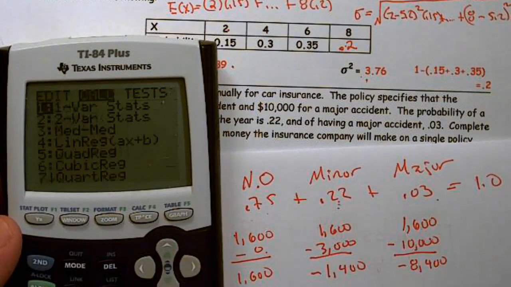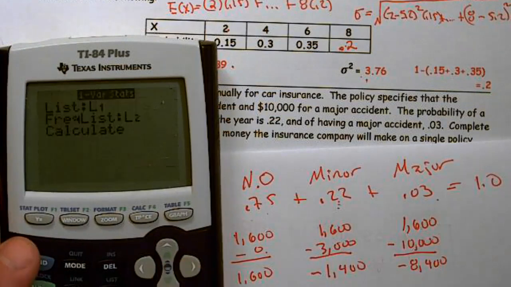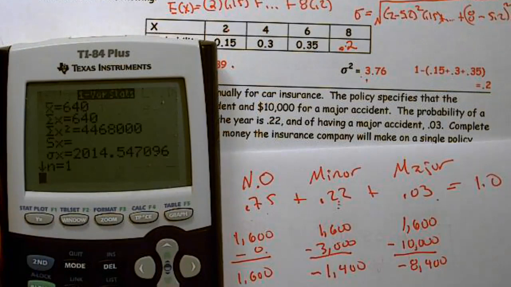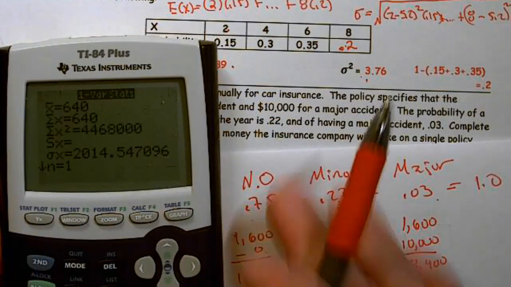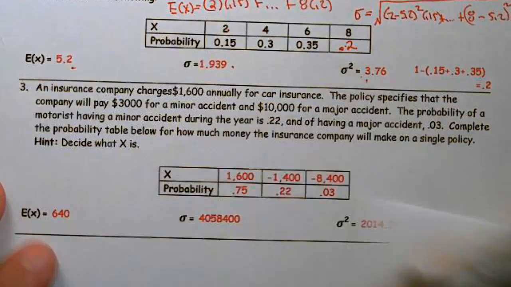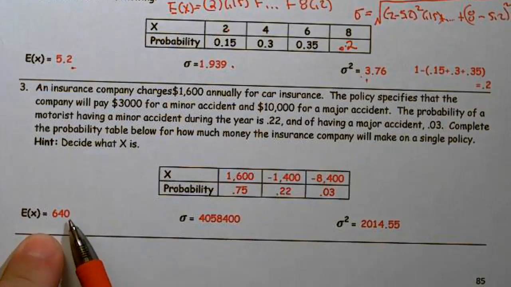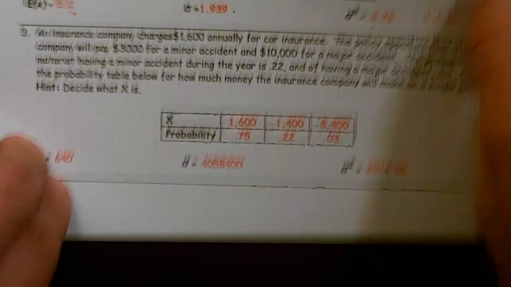Stat calc, one variable statistics. So on average, we expect the insurance company to make $640. I probably should write that down.